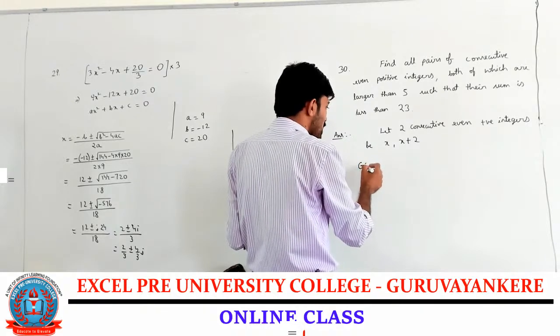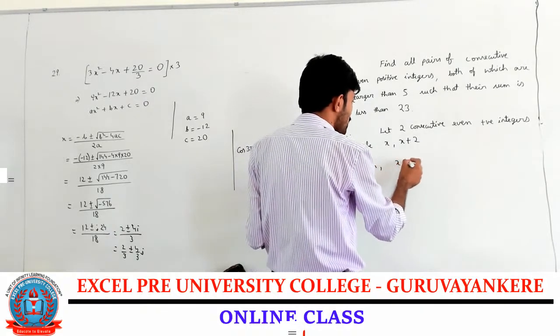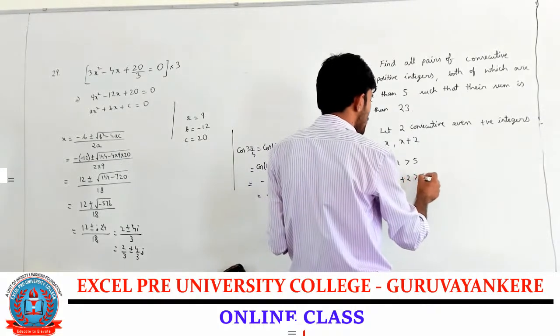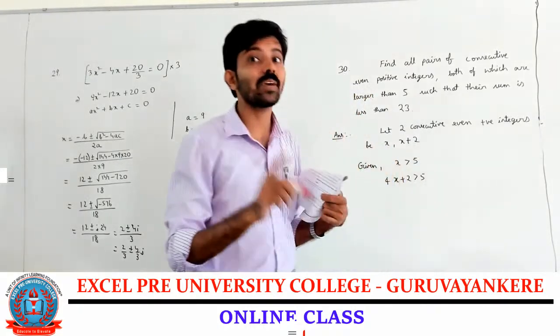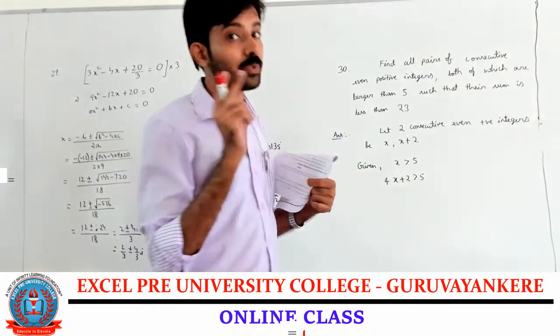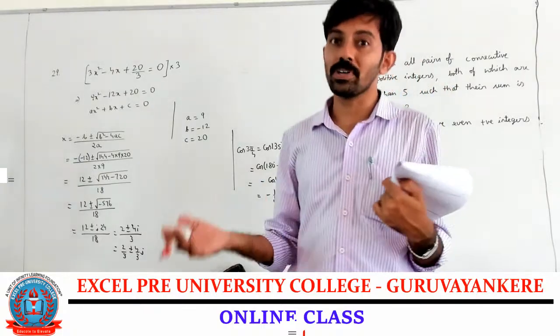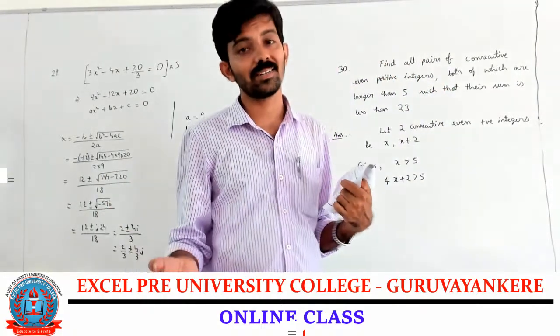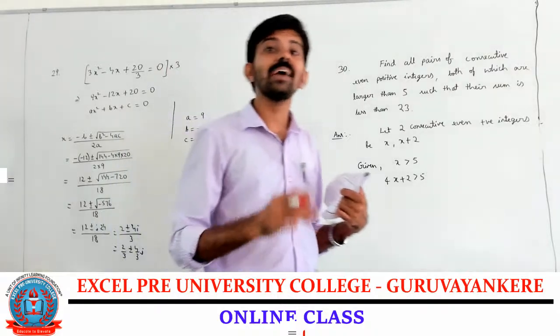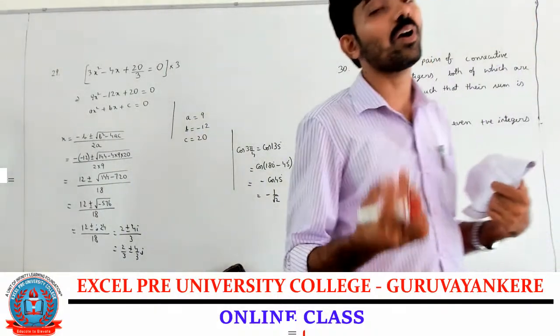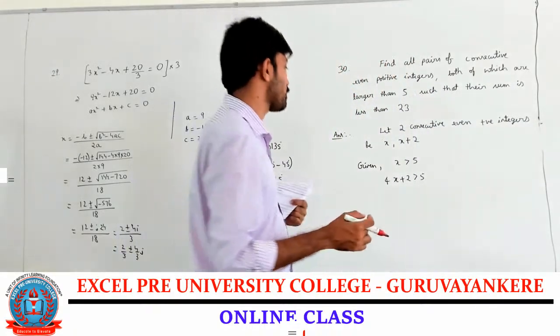Given that both are larger than 5, x is greater than 5 and x plus 2 is also greater than 5. Any two consecutive even positive integers differ by 2, remember. 10 and 12, for example, 46, 48, 98, 100, 2 and 4. Any two consecutive even positive integers or any two consecutive odd positive integers differ by 2, correct?